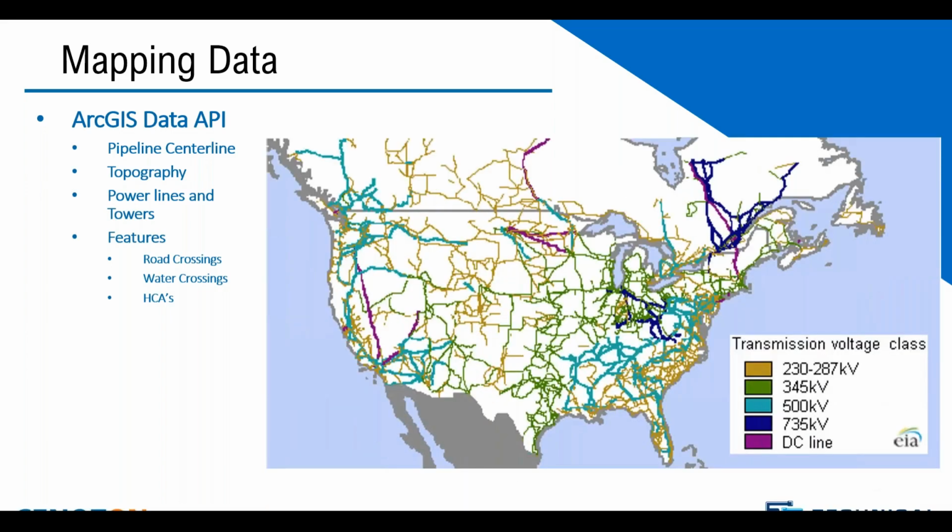There's a host of public data sets for power lines and towers. You have to take them with a grain of salt as far as quality, but we can also look at or integrate with other private data sets, from your local power company, or other public domains.